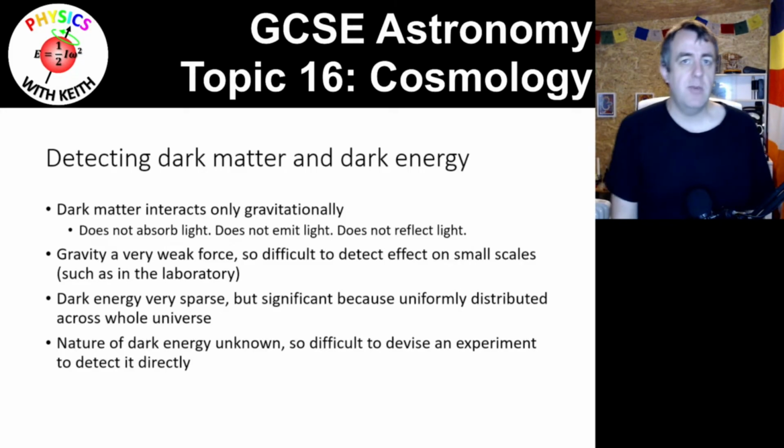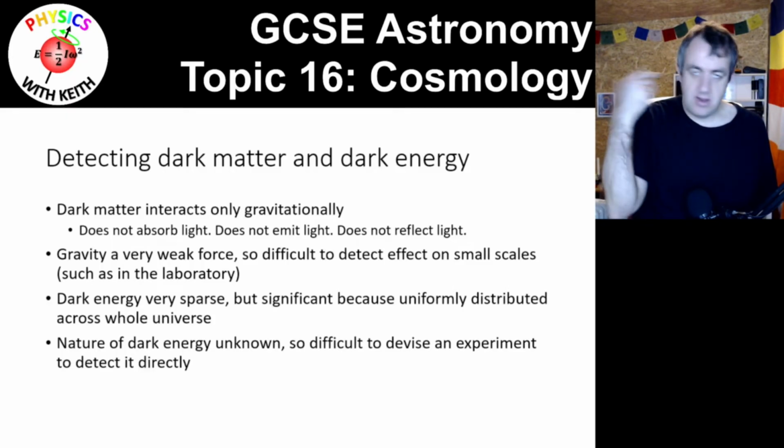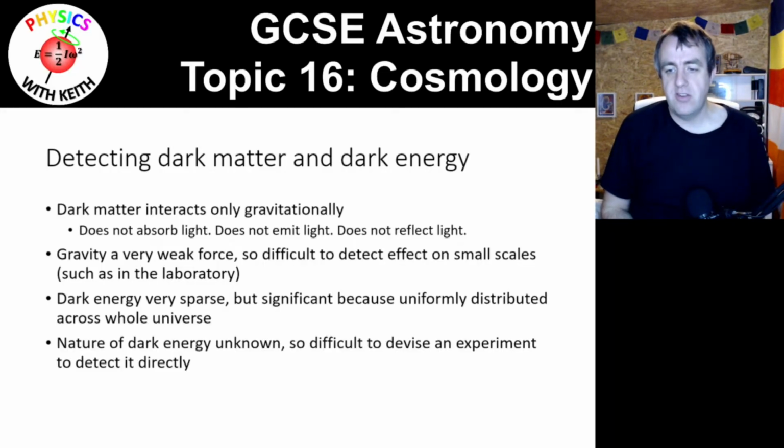If dark matter only interacts with gravity, then we can only detect it by what it does to things gravitationally: gravitational lensing of light, and the orbital mechanics of different galaxies, although things move so slowly on the larger scales that it's difficult to make those observations. And you can't do observations on the small scale because of how weak gravity is.